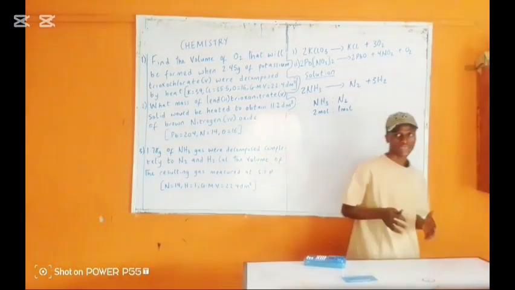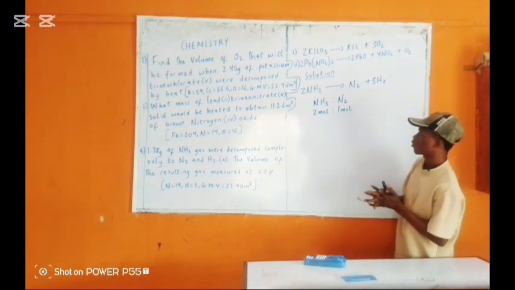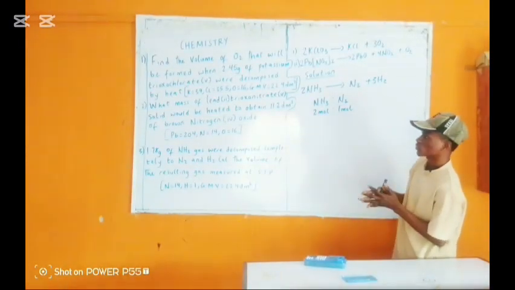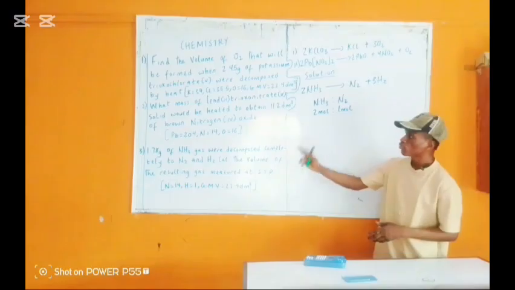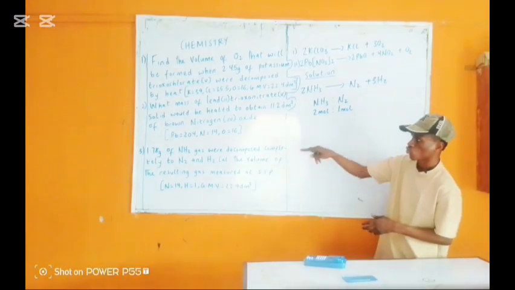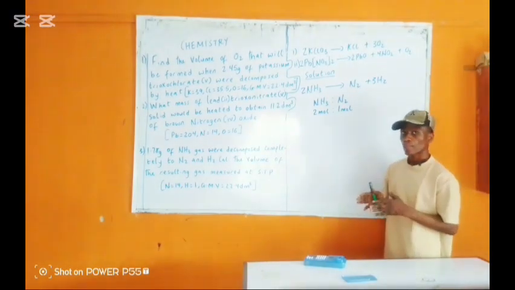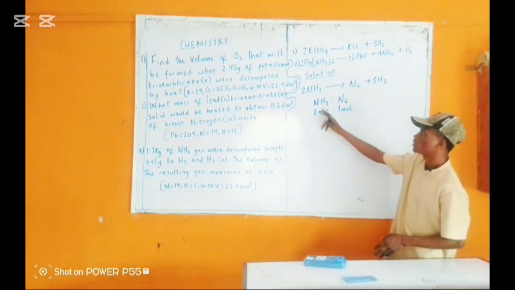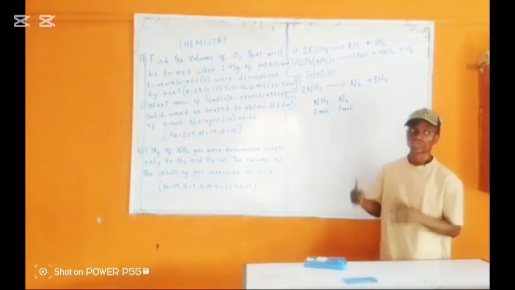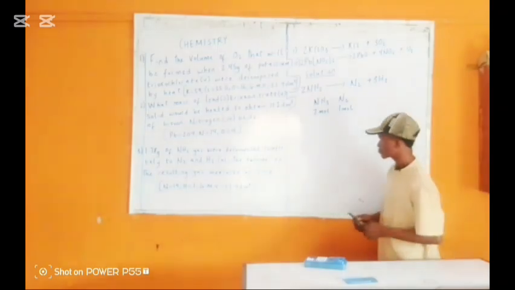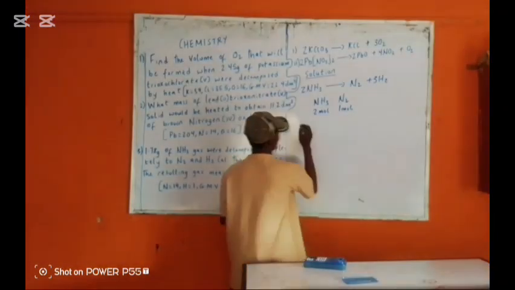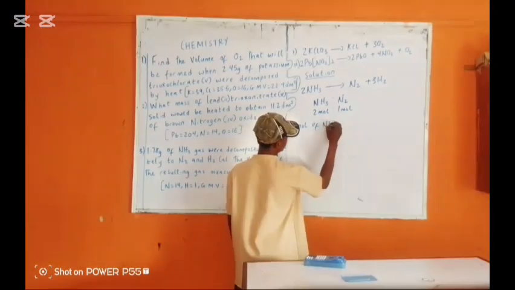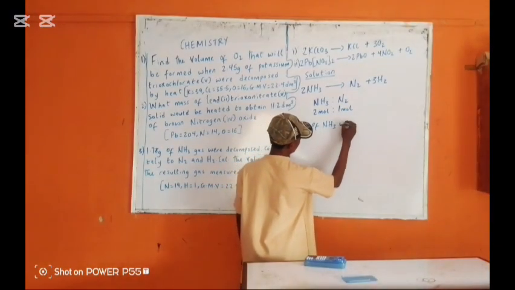So are we going to leave it as mole or convert it to another unit? Let's check the ammonia. The question says 1.78 gram of ammonia gas. So we're converting the mole of ammonia to mass, which is measured in gram. 1 mole of ammonia gas weighs what?